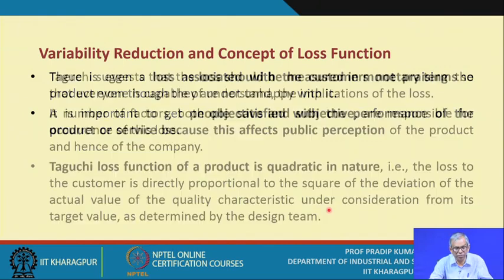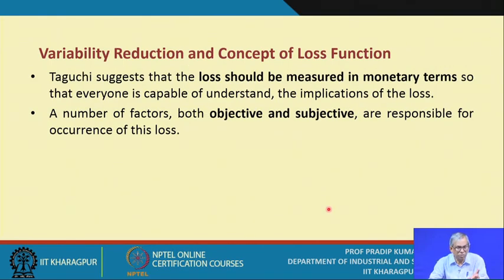Is it okay? So you must be able to compute, in a given situation for a particular product, the expected value of the loss by assuming a quadratic loss function.